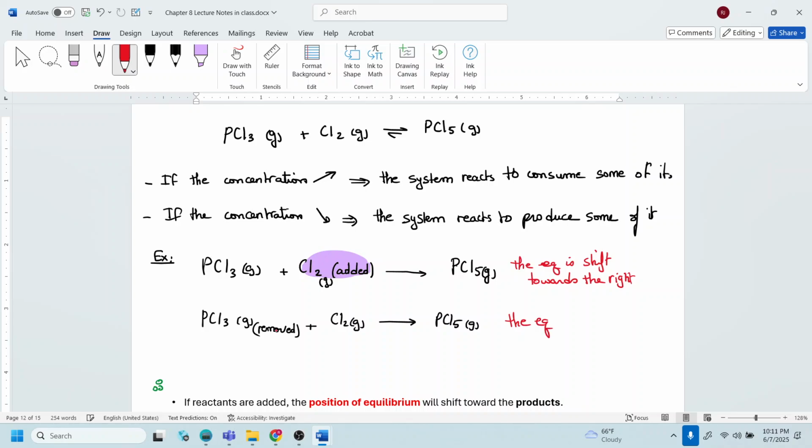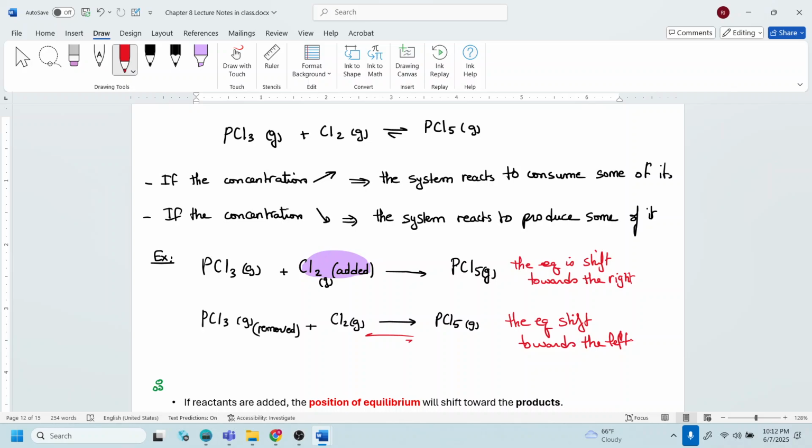So the equilibrium is going to shift towards the left. If it shifts toward the left, I'm just going to represent it by an equilibrium arrow going towards the left more, and another equilibrium arrow going towards the right.